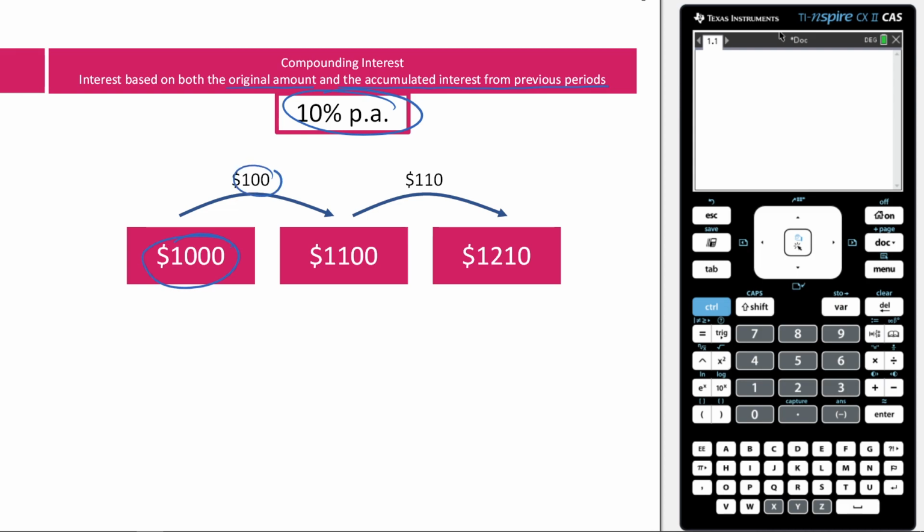Well, that's 100. But now you have 1,100. So what's 10% of 1,100? It's 110. So they add that on. So do you see how the amount of interest that you're gaining is changing, and the reason why it's changing is because your interest is based upon each separate iteration.